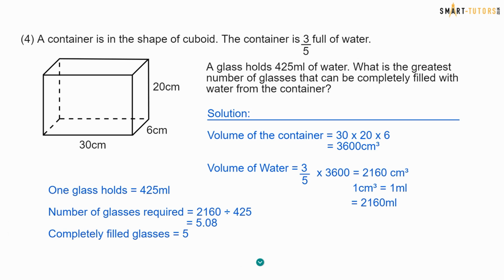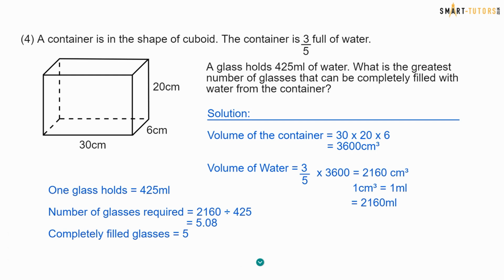Now we know from the volume subject, 1 centimeter cube equals 1 milliliter. So you must know this one. So 2160 centimeter cube equals 2160 milliliter. Now, one glass holds 425 milliliter.